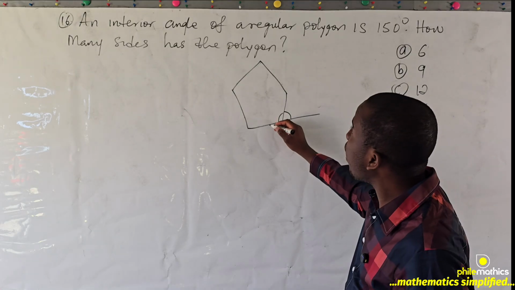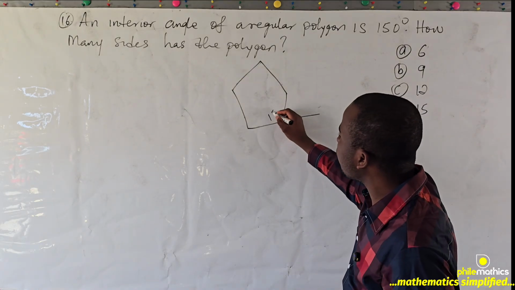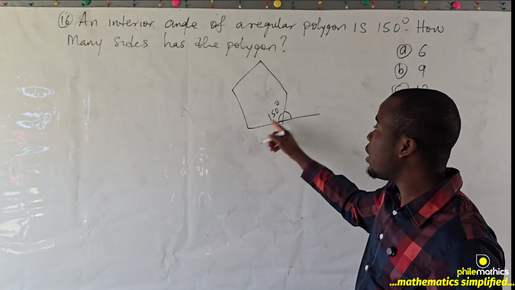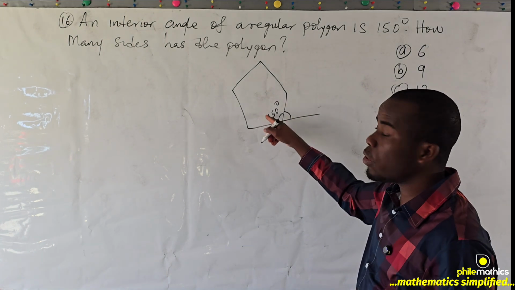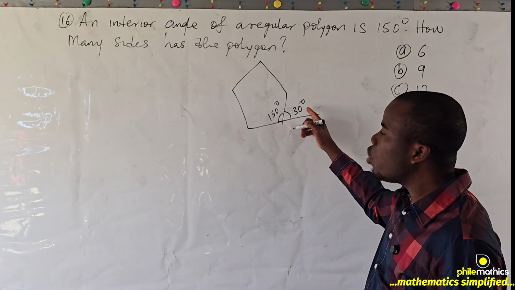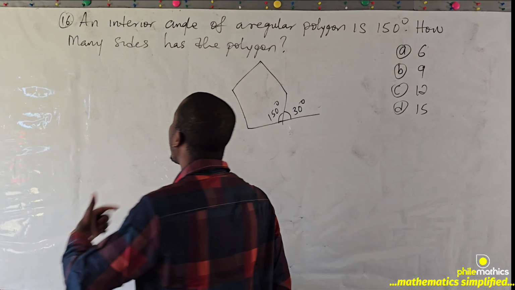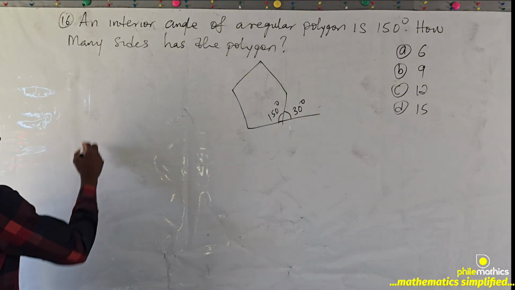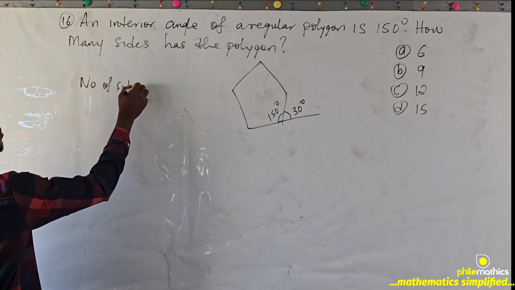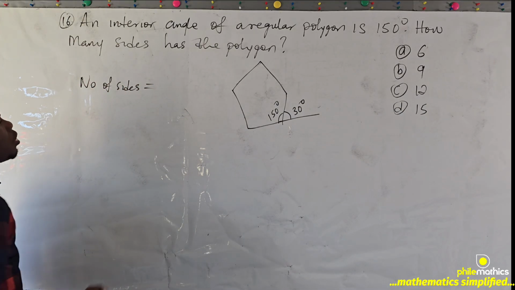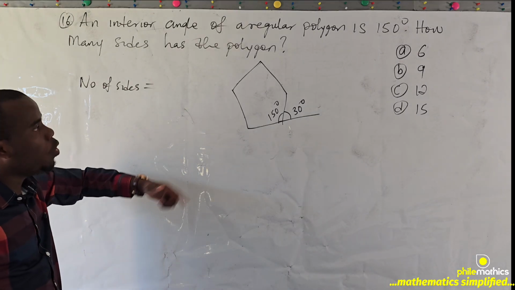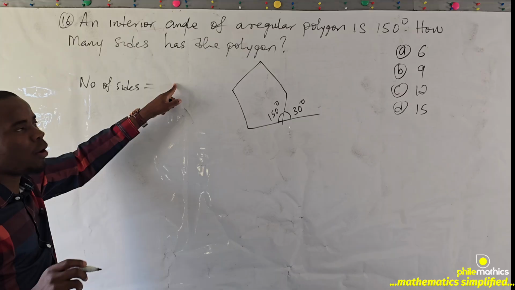So if the interior angle of a regular polygon is 150 degrees, the exterior angle, from angle on a straight line, is 180 minus 150, which is 30 degrees. Having gotten this, we now recall that the number of sides can be gotten as the sum of the exterior angles of a regular polygon over one exterior angle.